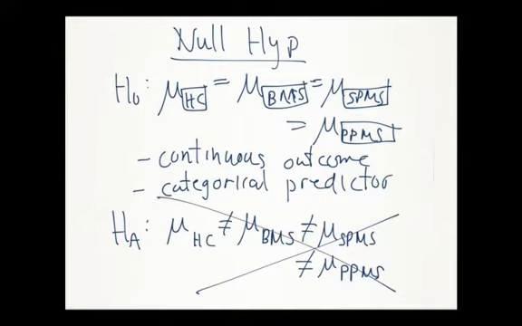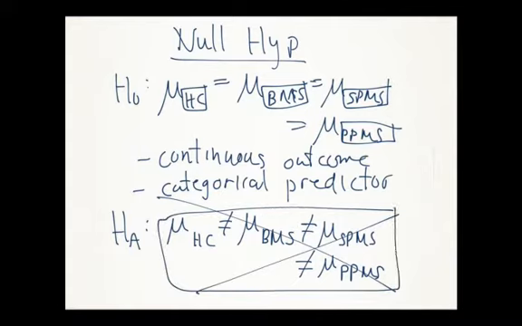Why is this wrong? Because if this were the alternative hypothesis, between these two things, we wouldn't cover all possibilities. And why is that the case? We could have a case where the mean in the healthy controls is equal to the mean in the benign MS, but they're different from the other two groups, right? This alternative hypothesis that we wrote here is saying that all the means are different, okay?